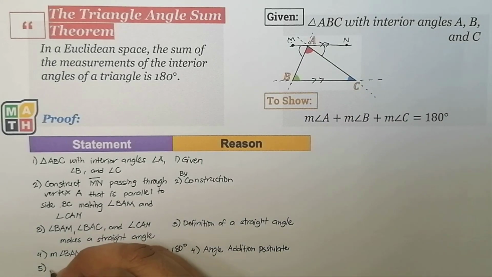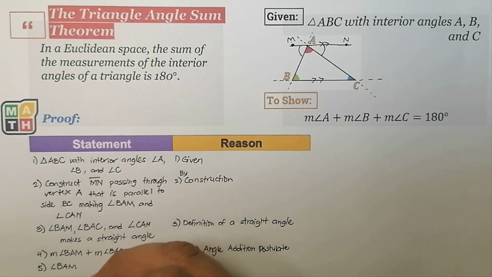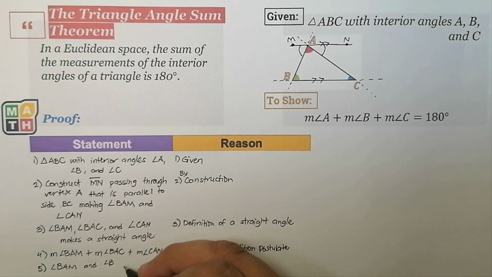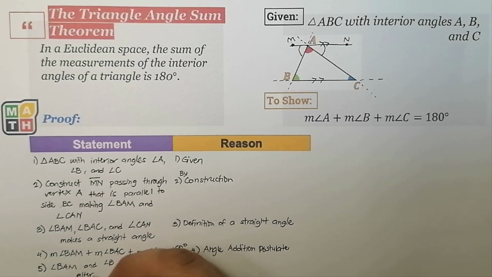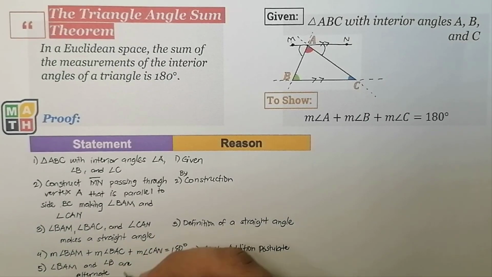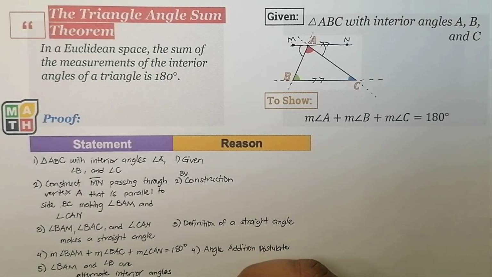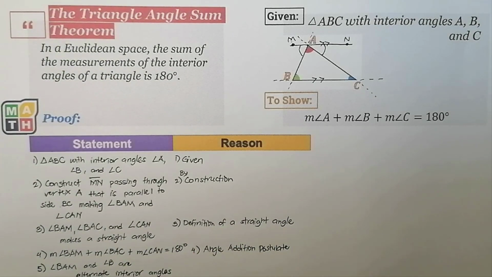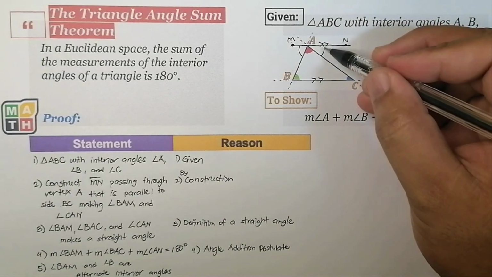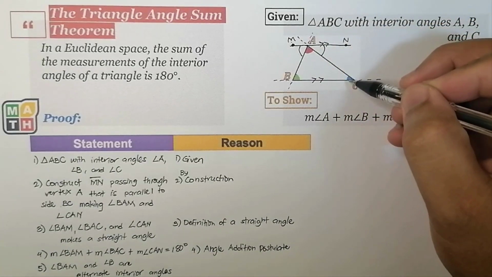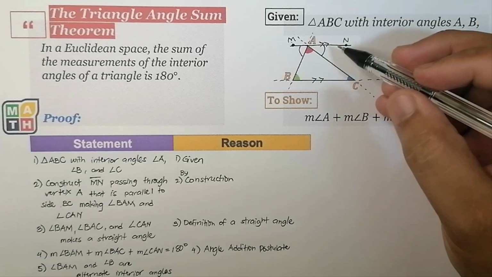So I could say here that angle BAM and angle B are alternate interior angles.